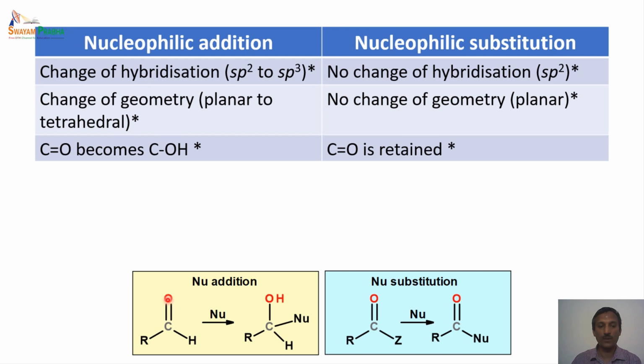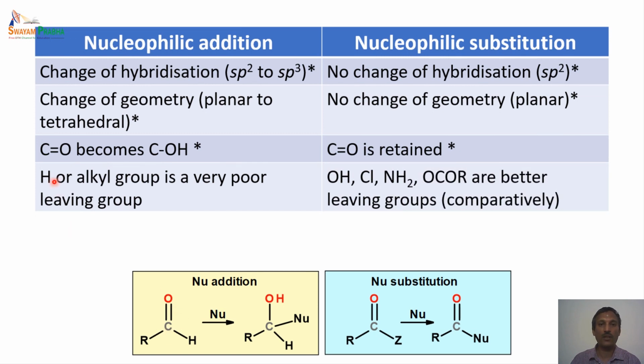And here, this C double bond O becomes C-OH. So a double bond is getting converted to a single bond, whereas in nucleophilic substitution, the C double bond O is retained. Whatever we are mentioning here is with respect to the reaction center.